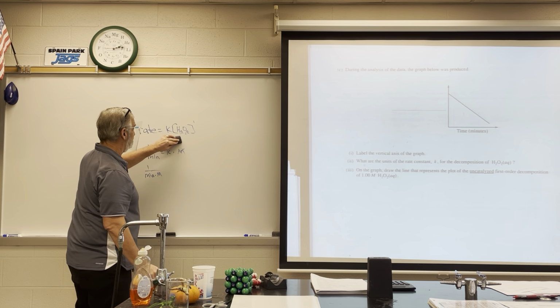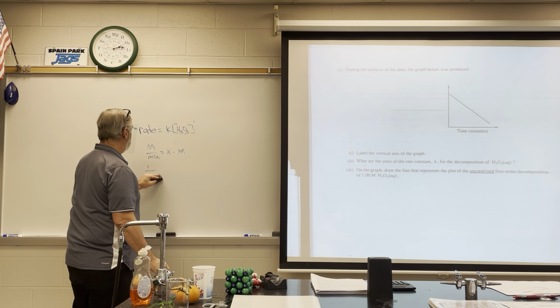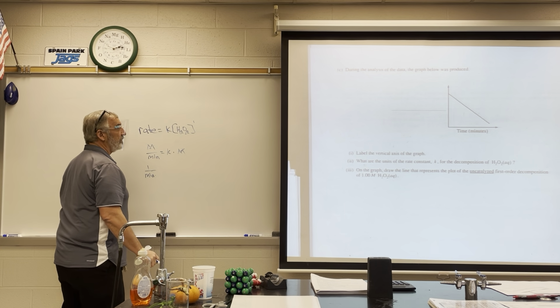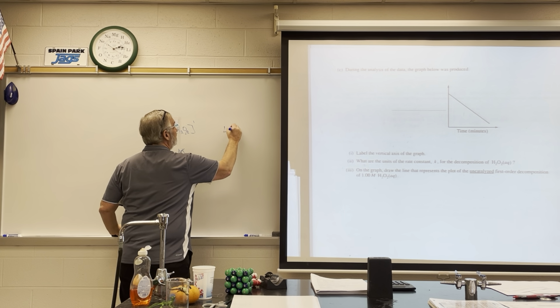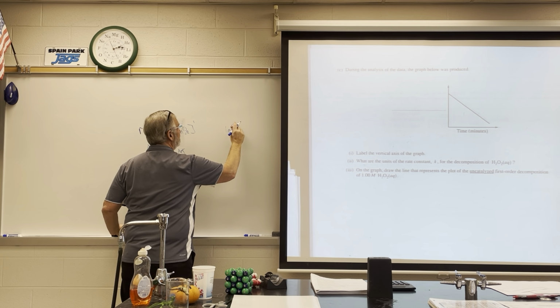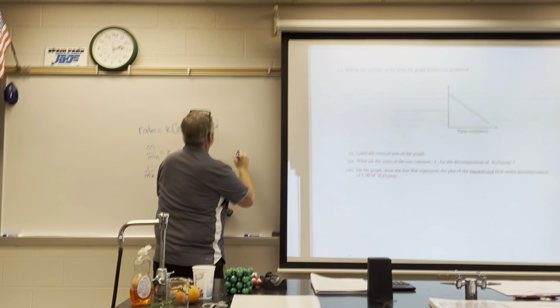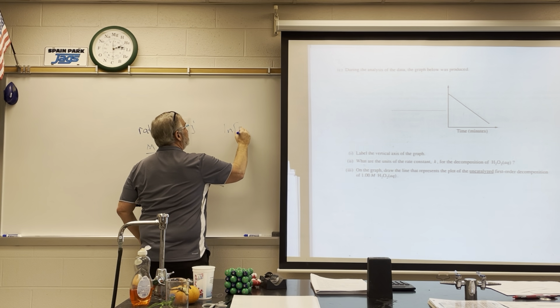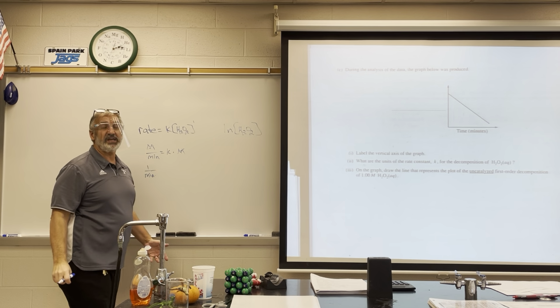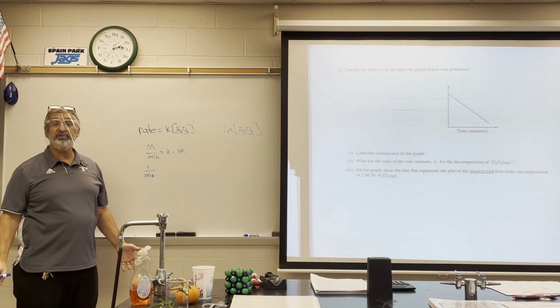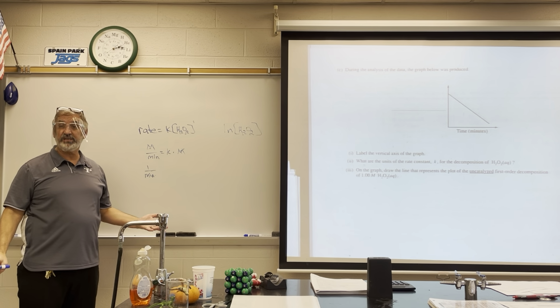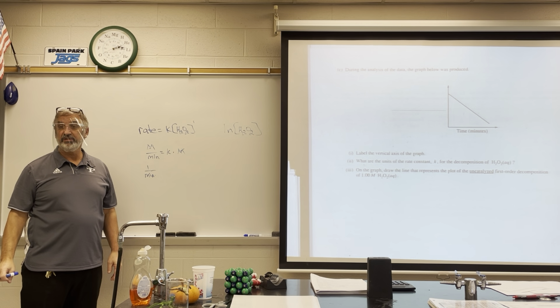The vertical axis, you said, was ln of H2O2. It's actually a little l, isn't it? ln of H2O2. Again, if it was second order, it'd be 1 over H2O2. If it's zero order, it's just going to be the concentration of H2O2.